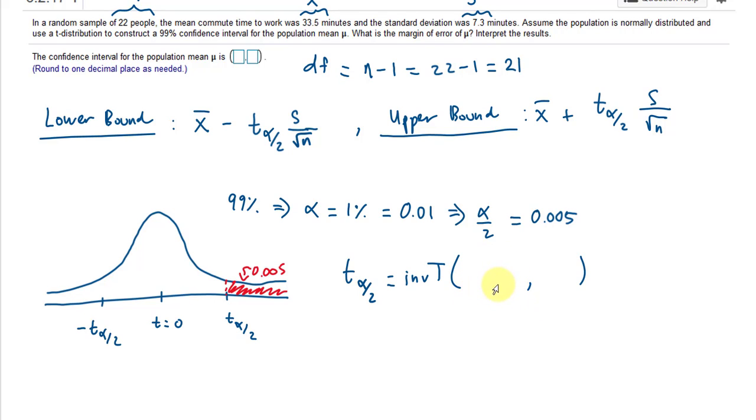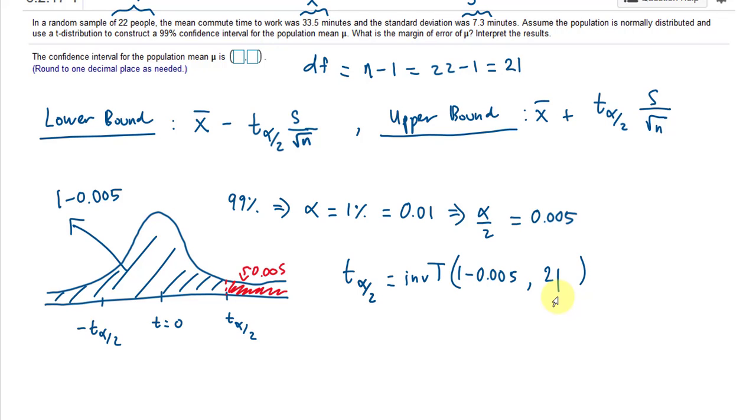The first input is the area to the left of t alpha over 2, the blue area right here. The whole thing has an area of 1, and this tail is 0.005, so the blue area should be 1 minus 0.005. The second input is your degrees of freedom, which is 21.